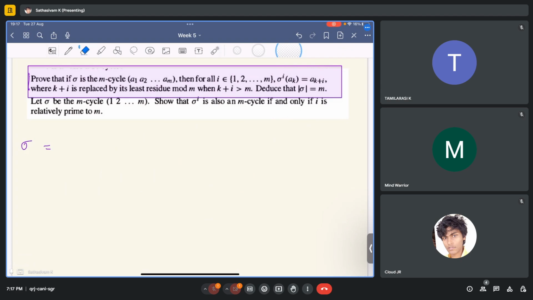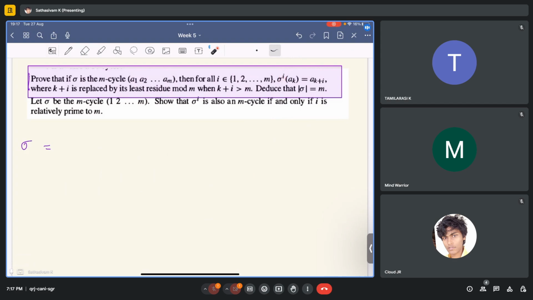So if you take a sigma, it goes one step, one step, one step, and then m comes back to here, and it rotates again. That is what happens when i is equal to 1.